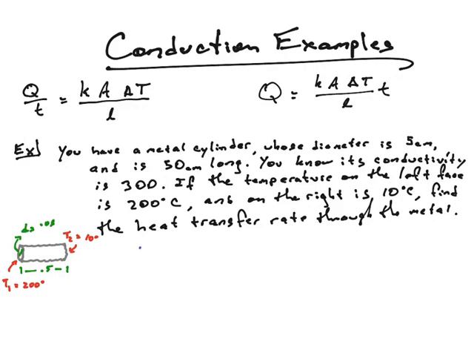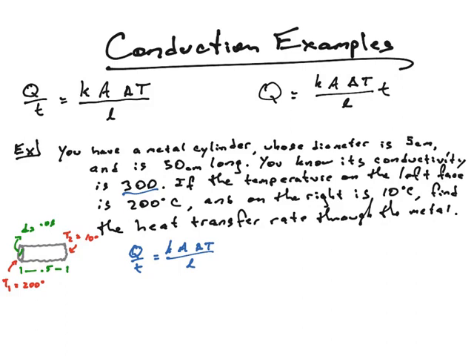So, I know the equation, Q over t is K A delta T over L. So all I need is the conductivity, K. Do I know that? Yes, conductivity, 300. I need A, the surface area. So that's how big is the face that this heat is trying to pass through. Well, for a cylinder, the face is a circle, right? The left side, if you look at it face on, it's a circle.